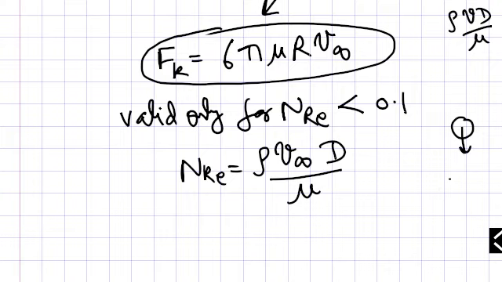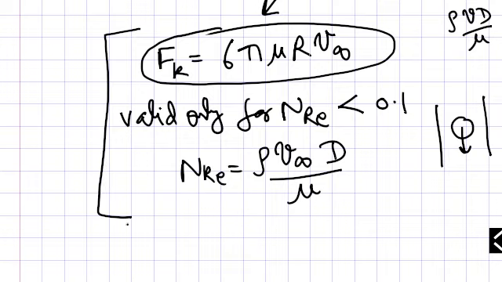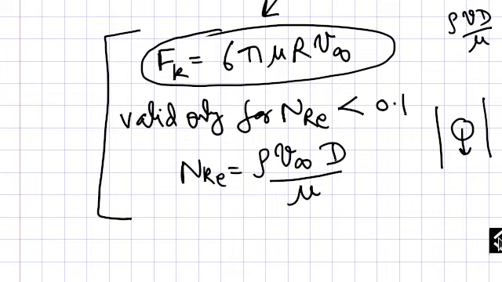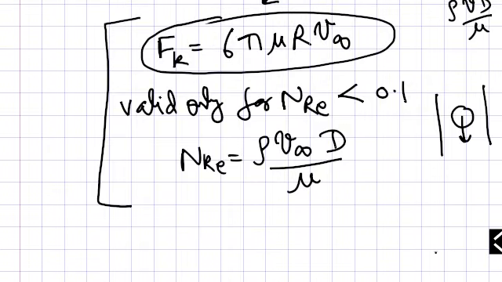So it is called the relative velocity of this system, of the sphere. So this is your Stokes law, and it will be used in many industrial problems. We will see later in this video lecture.